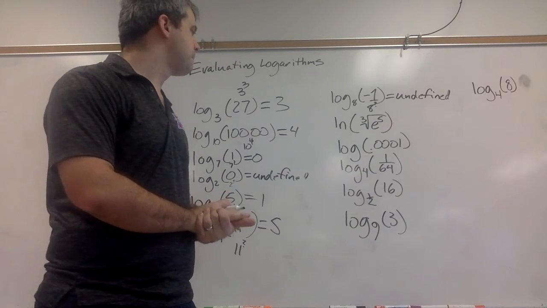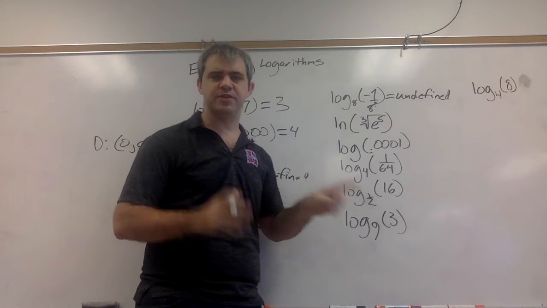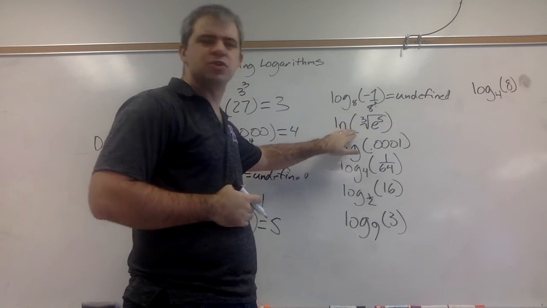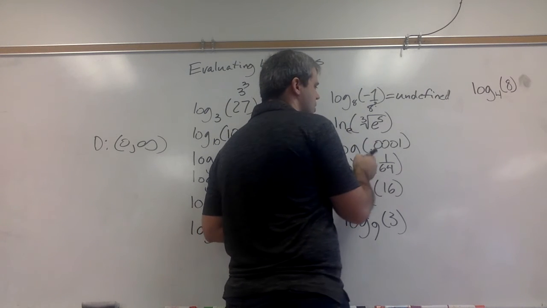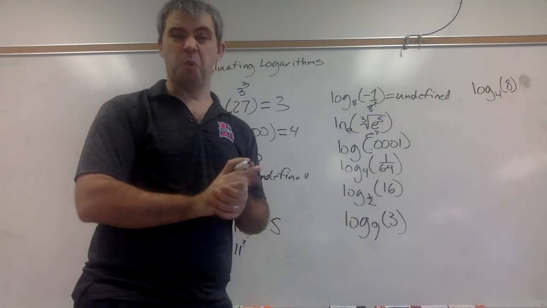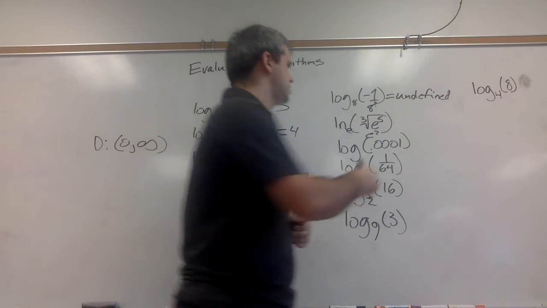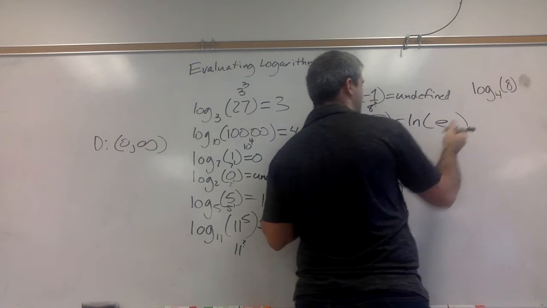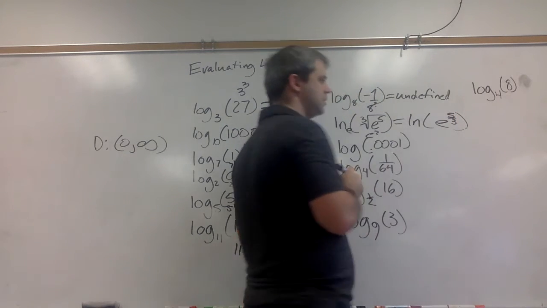All right. What about this guy? There's actually a problem with this on your homework, so make sure you're paying attention here. So my base is e. So I'm trying to convert this to e to the something. Well, we're almost there. We just need to rewrite this. So I can rewrite this as natural log of e to the 5/3.